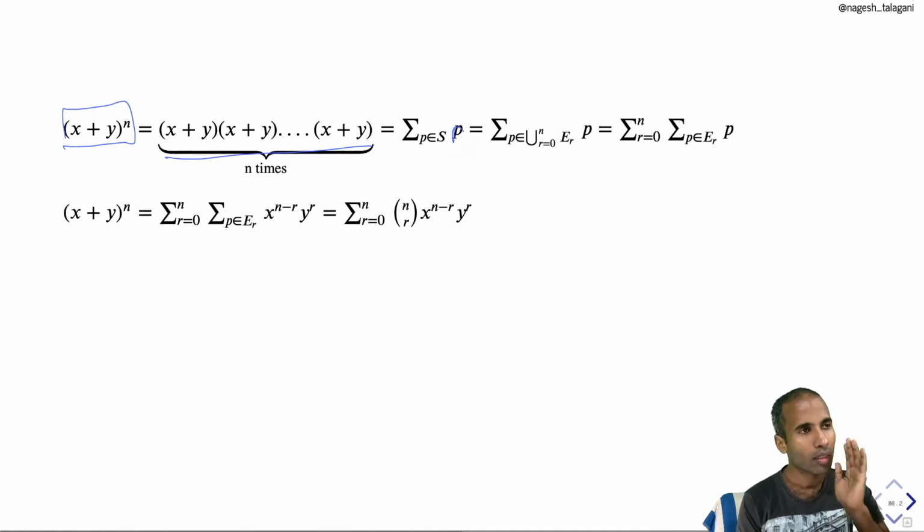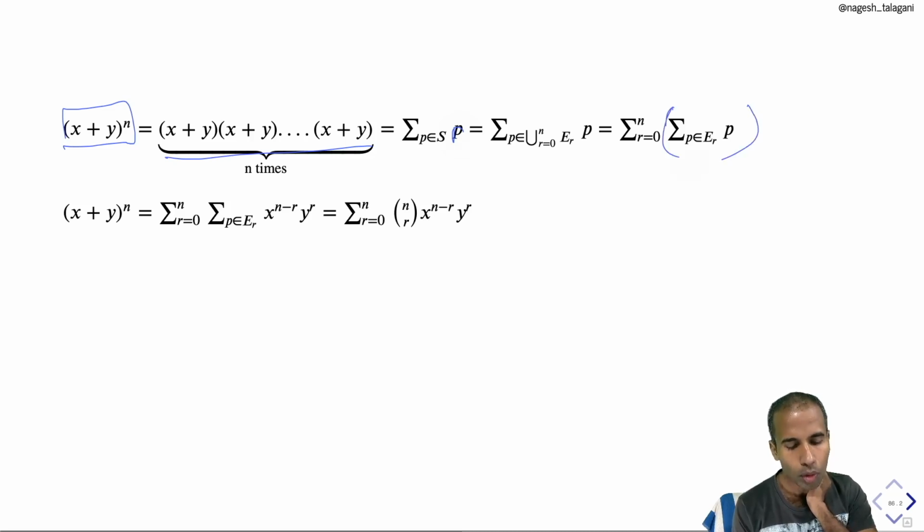Now all these permutations we are trying to group. So we know that S is what? The union of these E_r for r equals 0 to n. So we are trying to group. Okay, so this is one group. In this group we are grouping all permutations with r y's. Again, r varies from 0 to n.